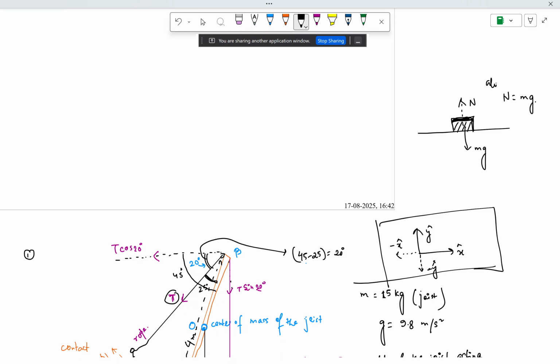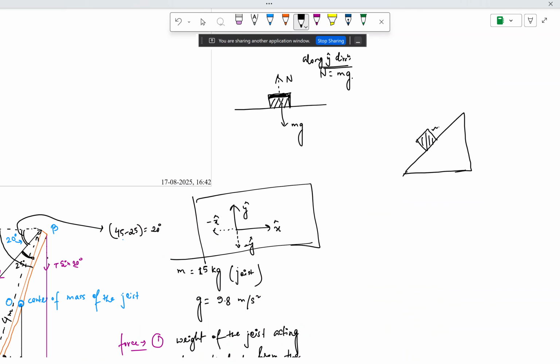But if there is a slope like this, I think you have already encountered such problems where there is a slope and on top of that there is some body sitting which has a mass m. Then its weight will be acting downwards exactly along the minus y cap direction, because gravitational acceleration will always be acting along the y axis in the downward direction.